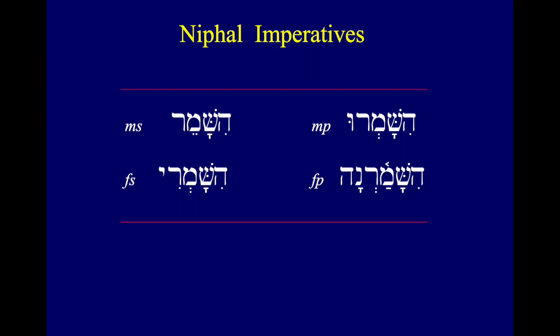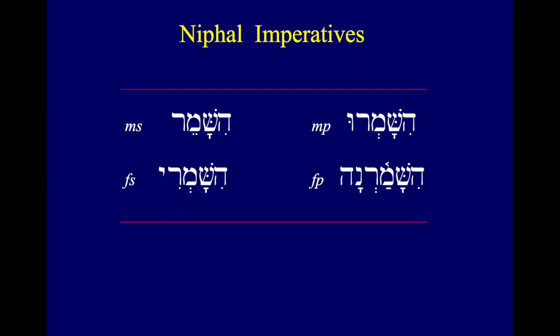So y'all remember imperatives? We learned those in the Qal, like to go, to run, to jump, and so on. This is our Niphal imperative. So if you wanted to tell someone, shamar is our root that we're using here for our example. If I was to make a Qal imperative, shamor, that would be guard or watch or keep.